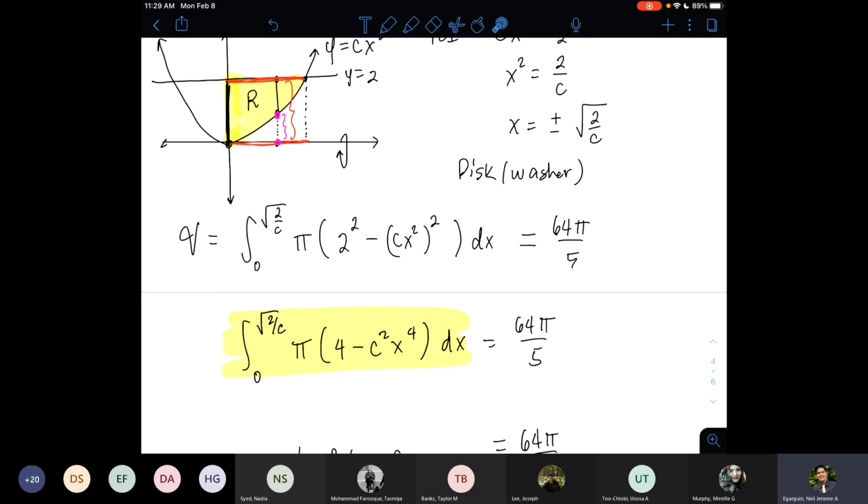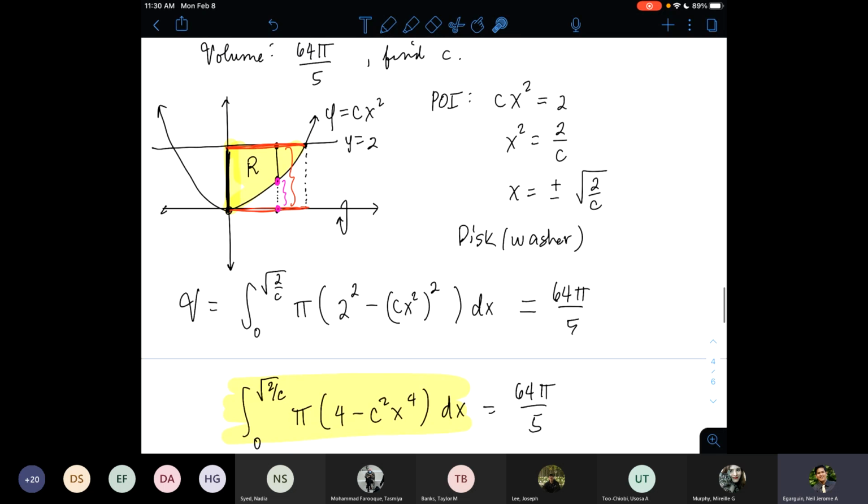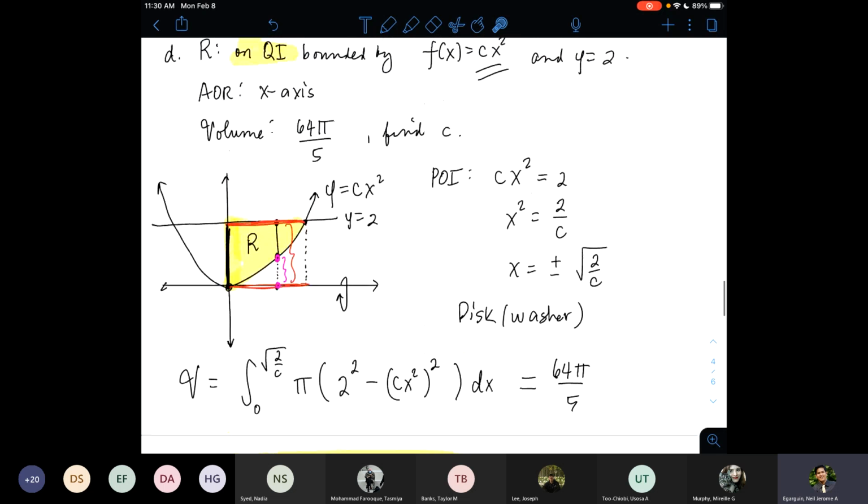So to find exactly what that x value is, I put cx squared equal to 2. And then I just solve for the x value there. I hope I did the algebra correctly. I think so. And so this would be your POI.